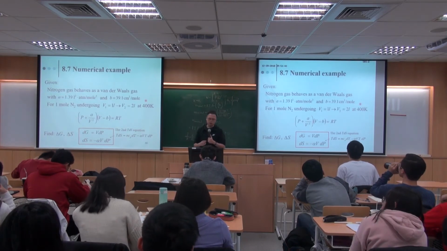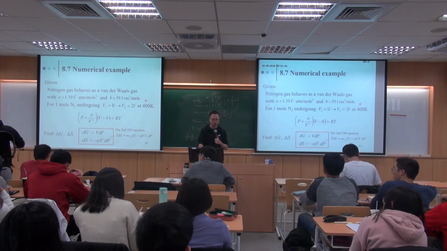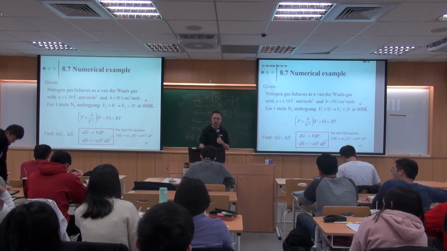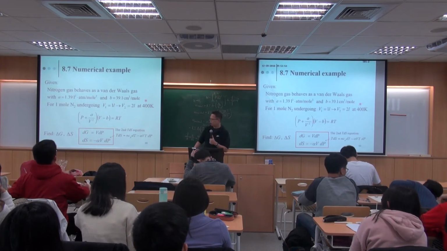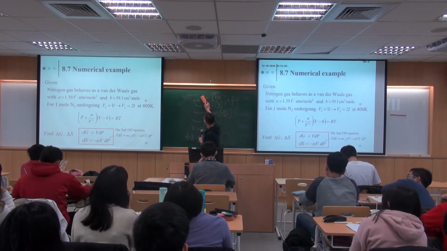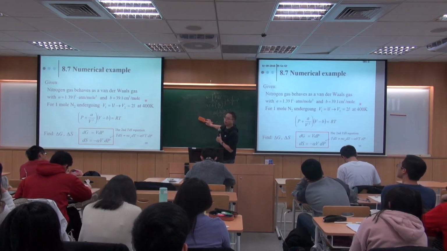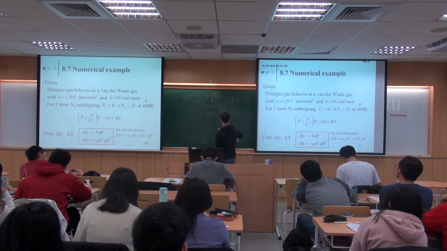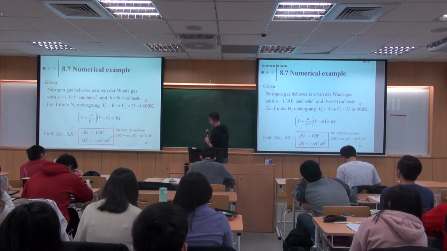It's by considering a van der Waals gas. So consider nitrogen, which behaves like a van der Waals gas, and typically, like I mentioned earlier, if you're dealing with a van der Waals gas, the problem will give you the values of A and B, such that you can directly plug in those numbers.